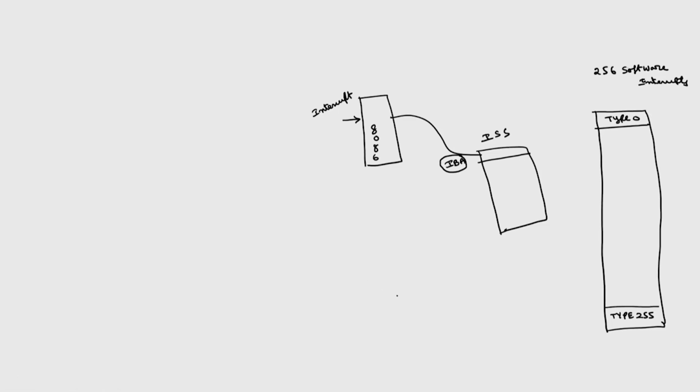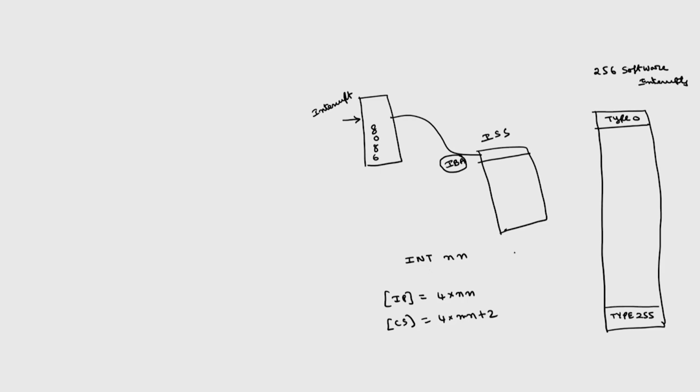So in general, if you have INT NN, the contents of IP will be at 4 times NN, and the contents of CS at 4 times NN plus 2.